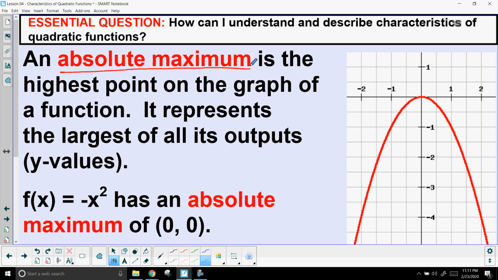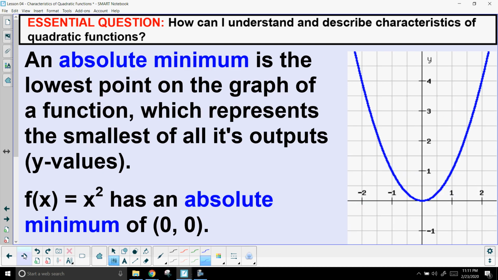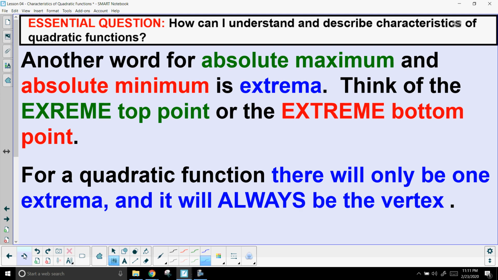Which means there's an absolute minimum, same thing. I'm just going to be using maximum and minimum in class, but there is such a thing as an absolute maximum, absolute minimum, and there's another max and min out there, but I won't bore you with that, but that'll be in advanced algebra. Oh, and since we're in this class, it's only going to be one or the other.